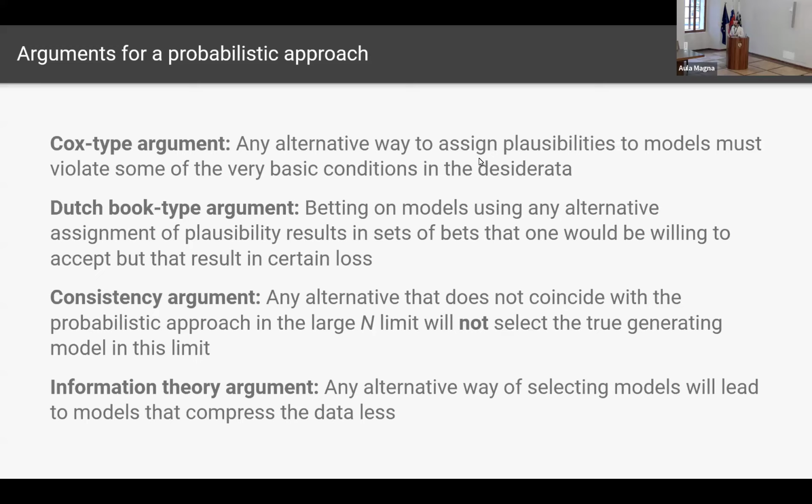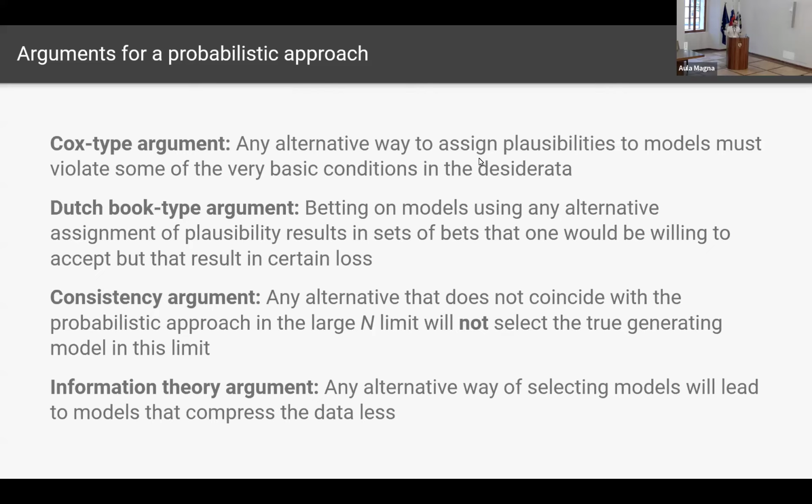And perhaps the argument that is the most convincing is the Dutch book argument. Imagine that two people are given some data that is generated from one of these Fs. We don't know which one. One is going to use probability theory to select the most plausible model. And someone else is going to select something else, let's say minimizing the squared error in the validation set or whatever.